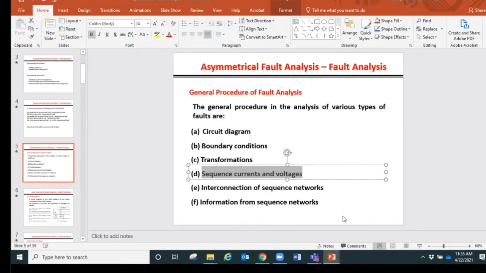If I take another example, if I find that two currents IA plus IB is equal to I, what does that mean? These are the fundamentals which you know already. IA plus IB is equal to I, which means there are two circuits.